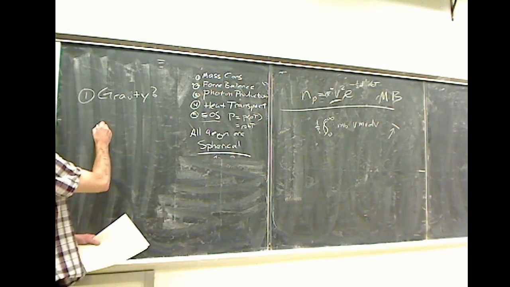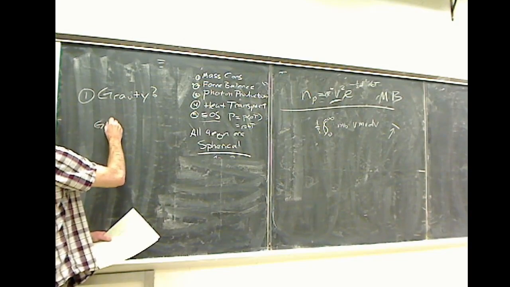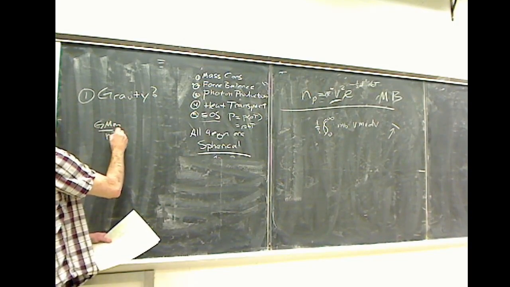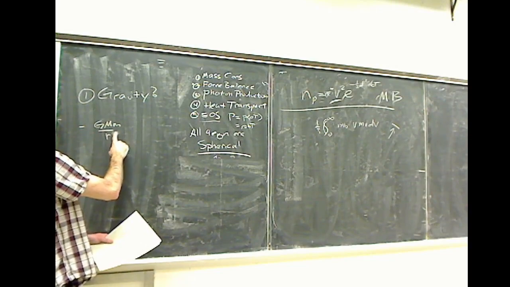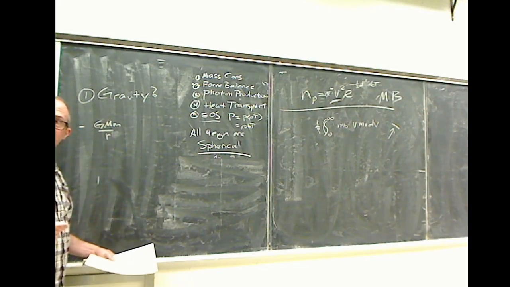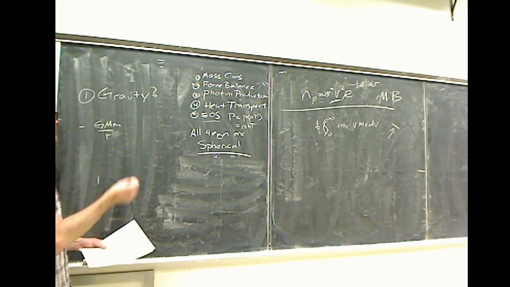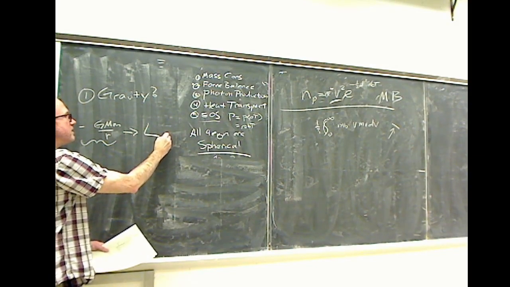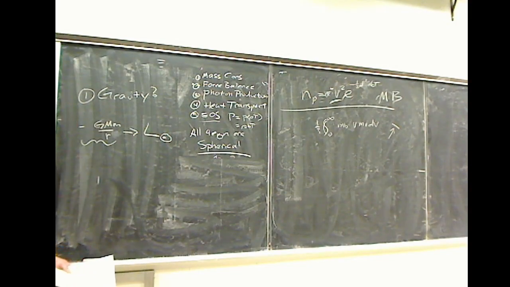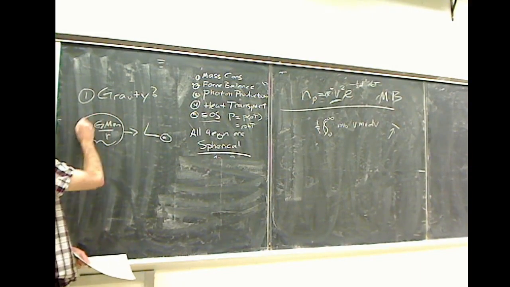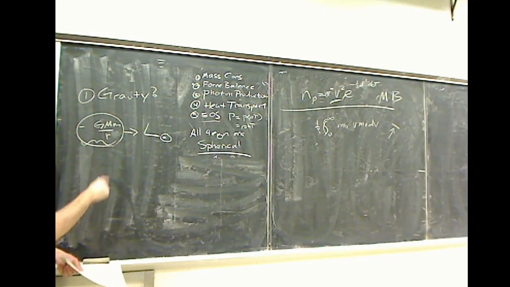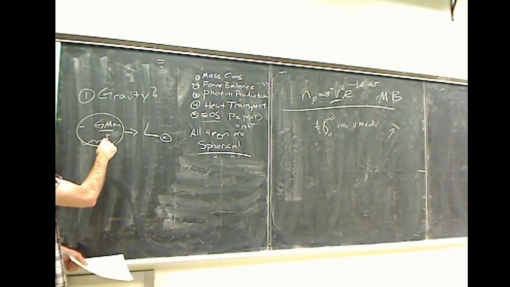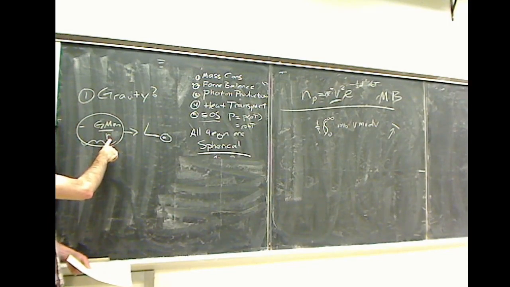So GMM over R squared minus GMM over R, this is the potential energy, right? So this potential energy is going into the luminosity of the sun, and that's where the energy is coming from, then I can sort out how fast, since M is conserved, but R isn't.